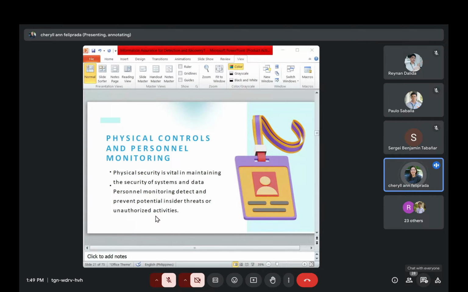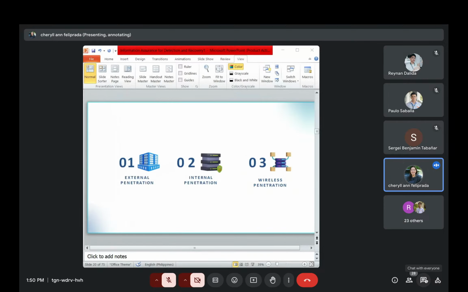For external, it attempts to break into an organization's network, while the internal penetration test identifies vulnerable resources within an organization's network or assists the systems administrator in addressing the vulnerability.